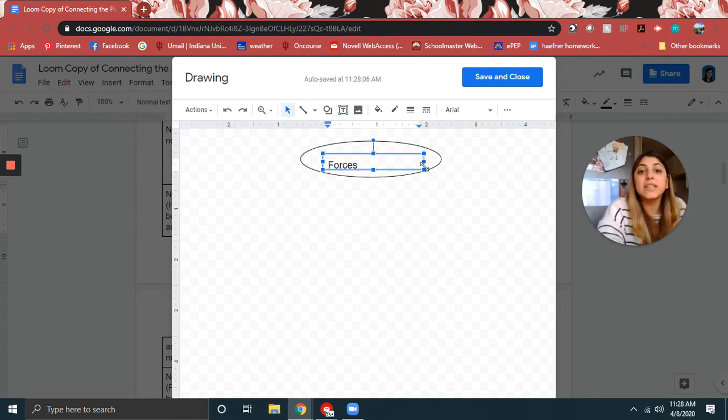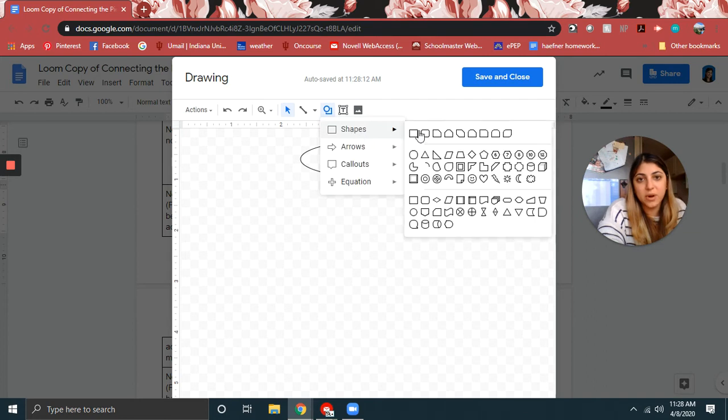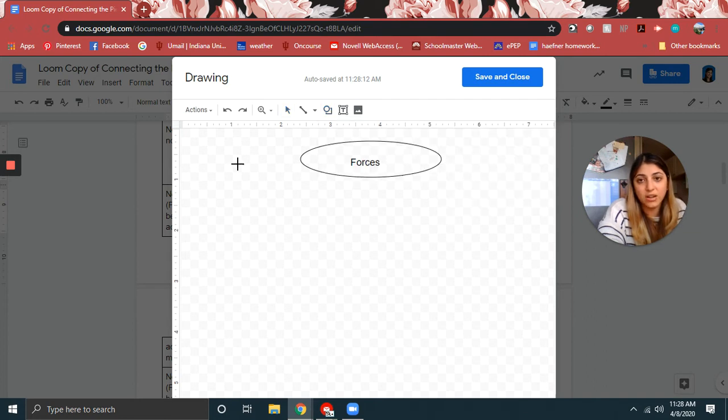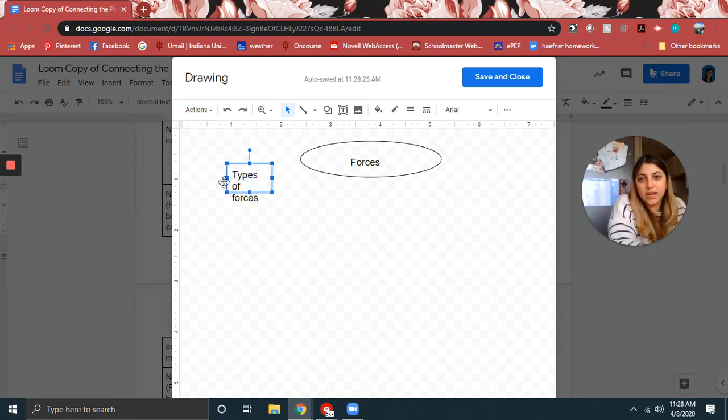That's the main thing, right? That's our big topic. So I would do forces here, and then start taking all of the other concepts that we've talked about and label them, like types of forces. And then I would create an arrow. So here, let me go ahead.